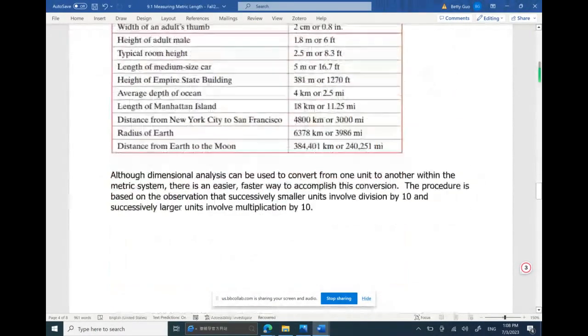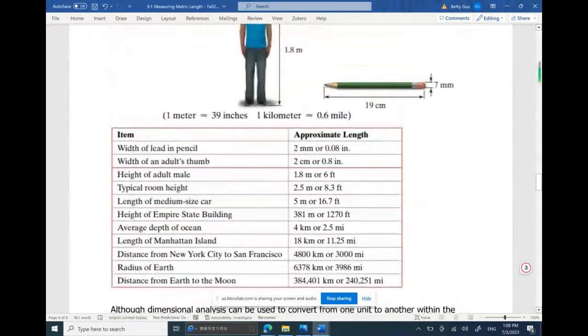As I said, let's focus on solving the examples. Those pieces of information are pretty useful in real life, depending on your profession. If you work in the medical field and you are a nurse, you probably calculate milliliters. That's going to be the next section.